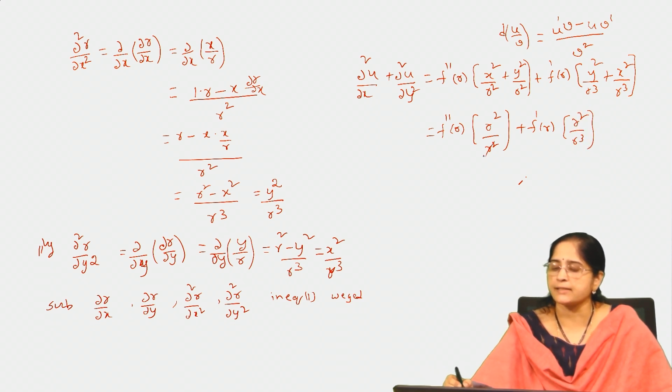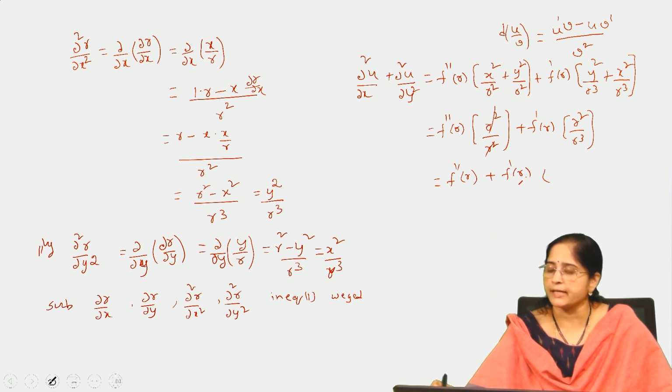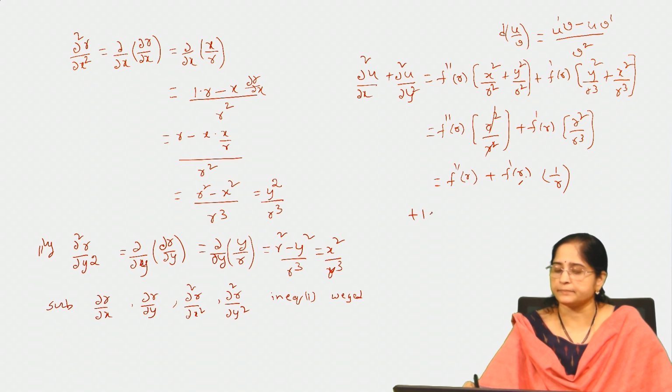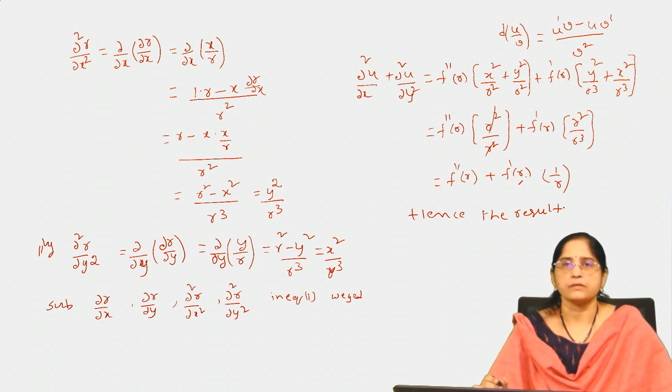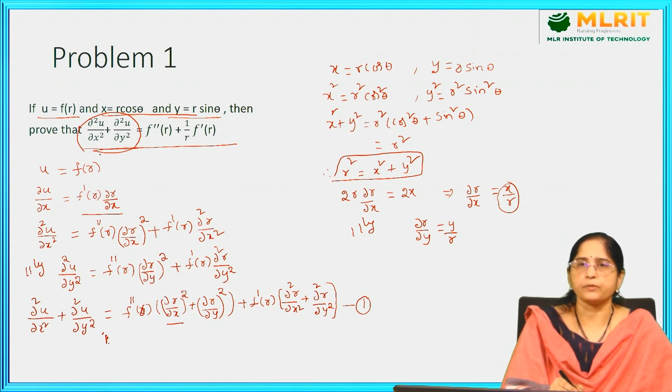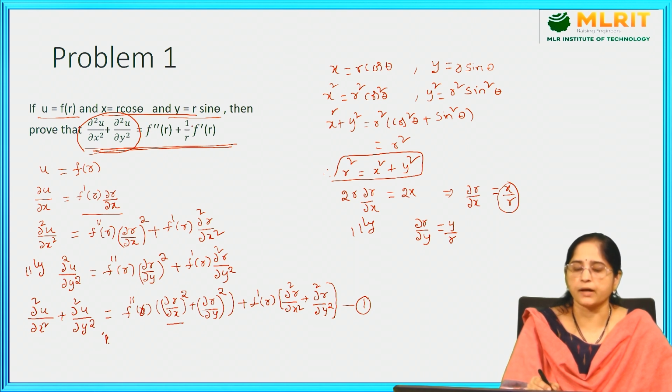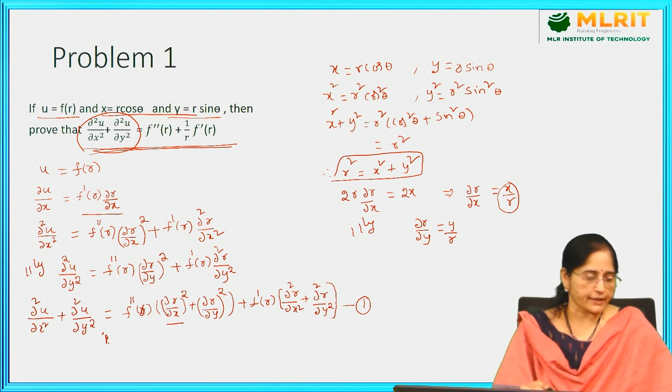So here r square is cancelled. We are getting 1 into f double dash of r plus f dash of r into r square by r cube, that is 1 by r. Hence the result. So here we are getting dou square u by dou x square plus dou square u by dou y square equal to f double dash of r plus 1 by r into f dash of r.